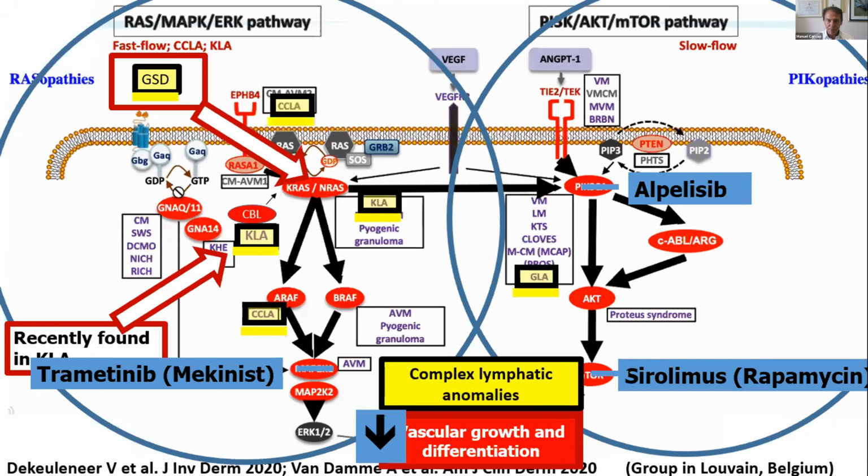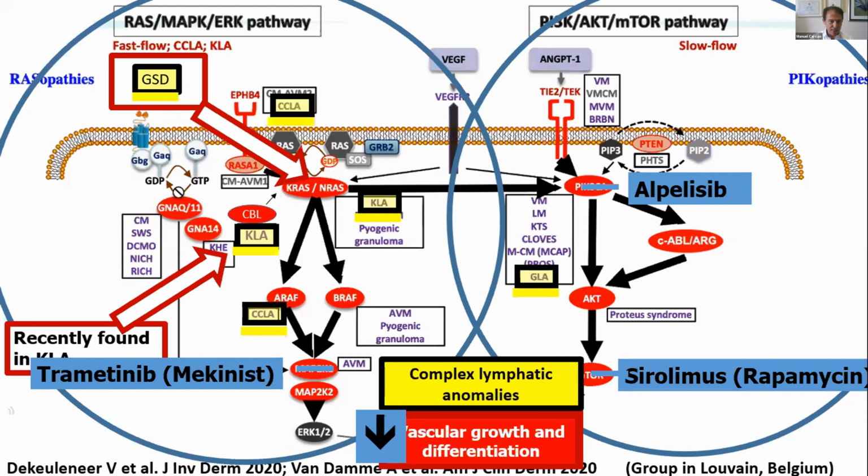Sirolimus, also known as rapamycin, blocks mTOR, and mTOR is part of the PIK3CA pathway. So by blocking mTOR, you block any problems with genes above it, like PIK3CA. Similarly, alpelisib, which blocks PIK3CA, may also have a role in a condition like GLA.